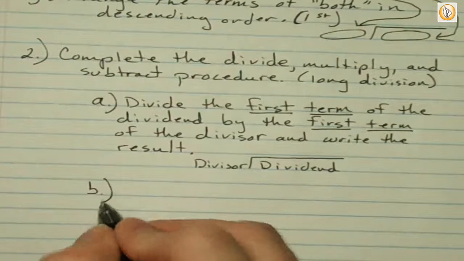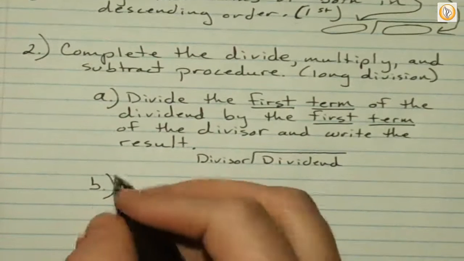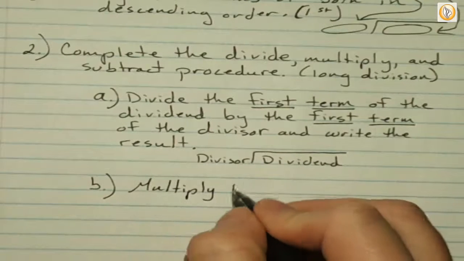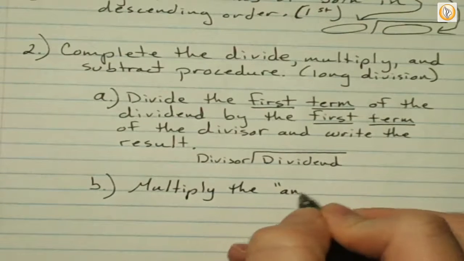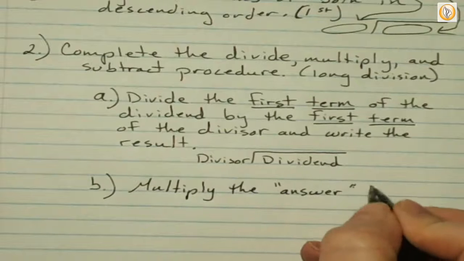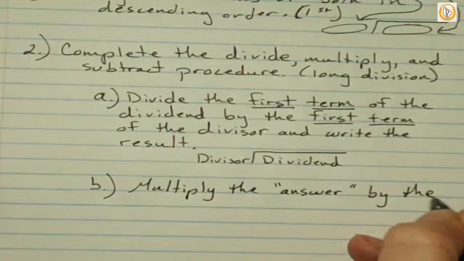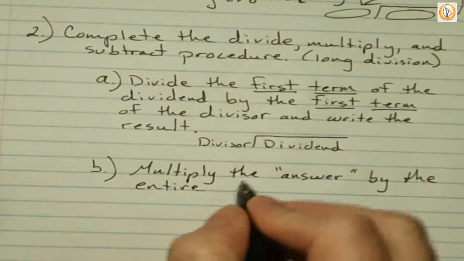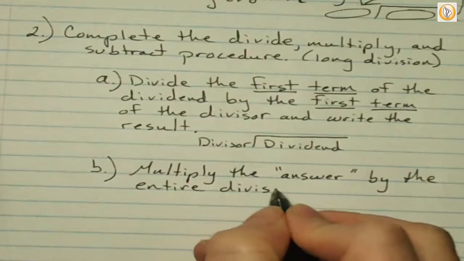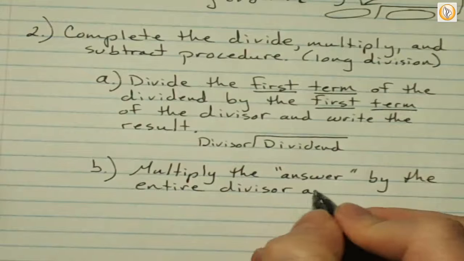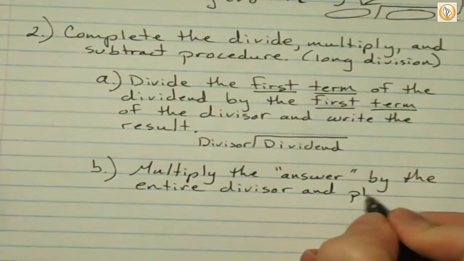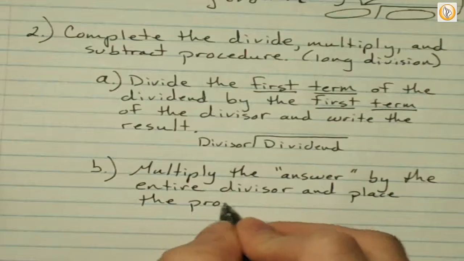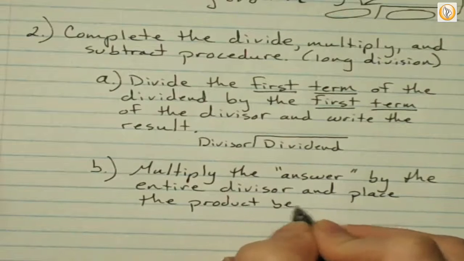B. You're going to multiply the answer by the entire divisor and place the product below.